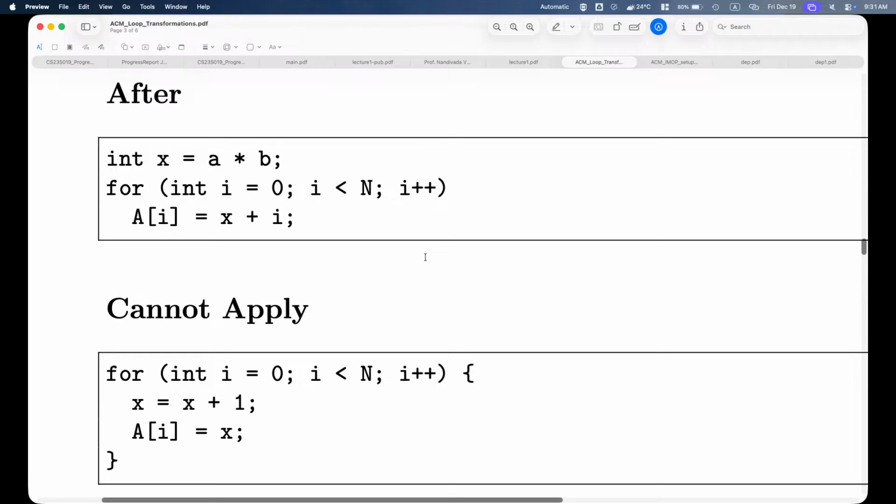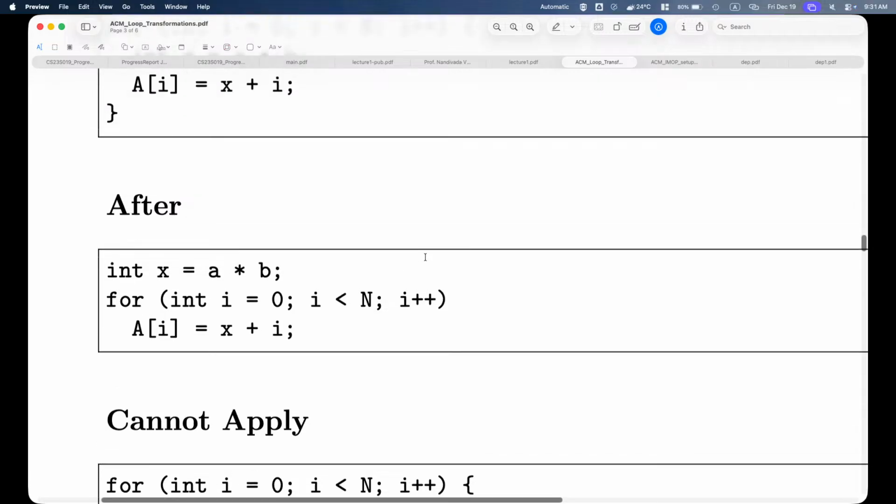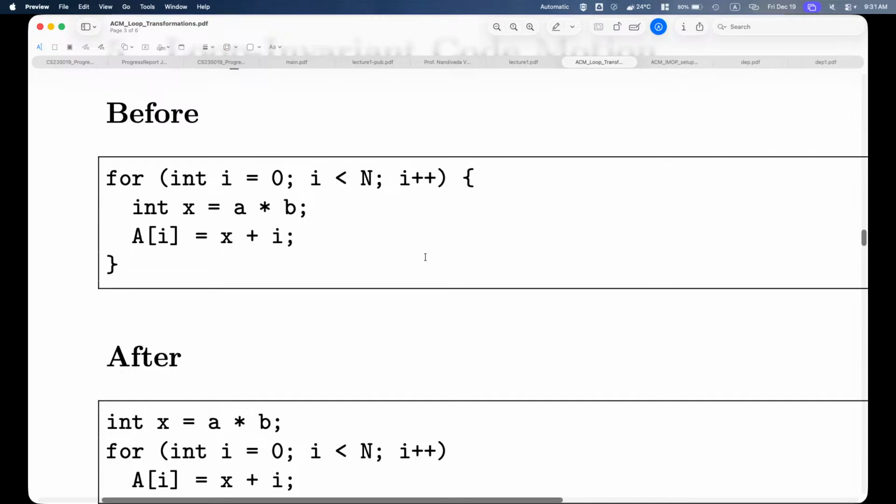X was defined, but the RHS isn't. So this expression is loop invariant. A times B was loop invariant, and we could move it along with X outside, because just keeping the temporary x here makes no sense. We'll just move it out, it's useful.